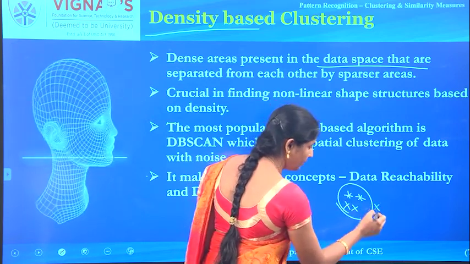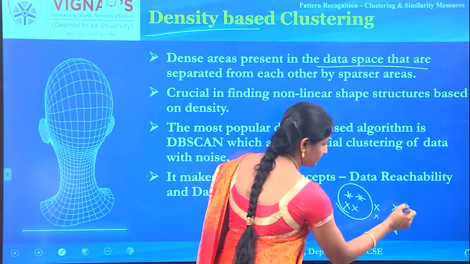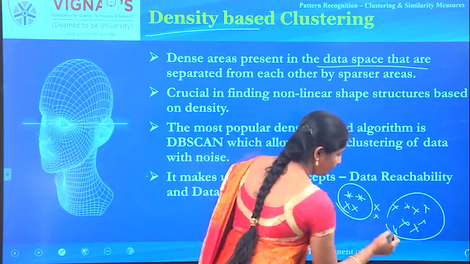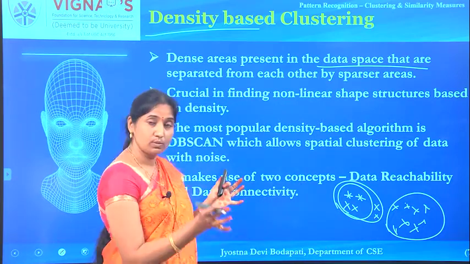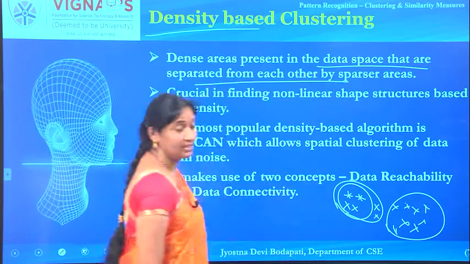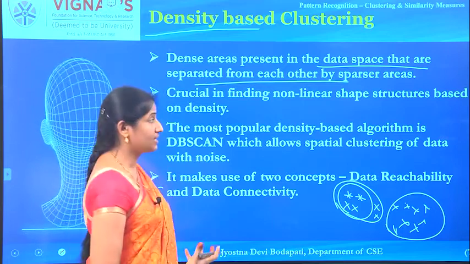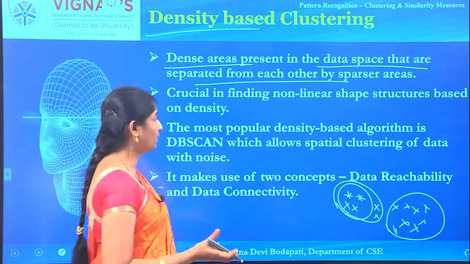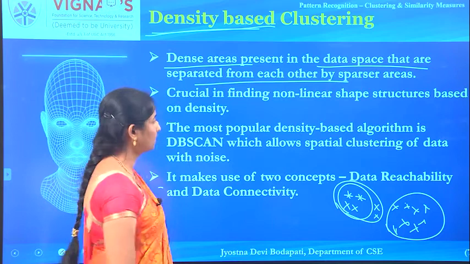Say for example, if your data is something like this, then we can maybe form two clusters like this. Wherever the data is more dense, there is a possibility of getting a cluster in that region rather than in the sparse region. So based on the density of the data, we divide the data into clusters. Such algorithms are called density based algorithms.